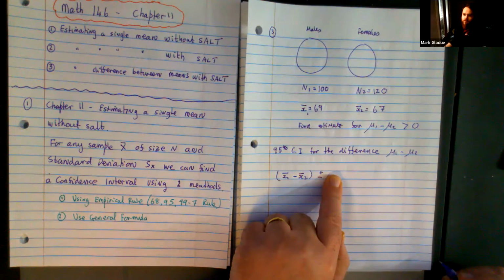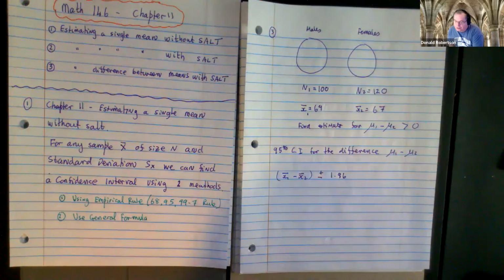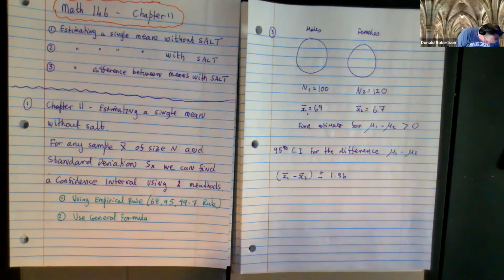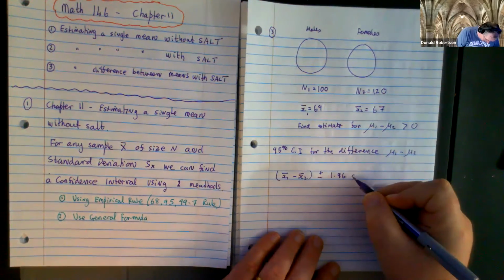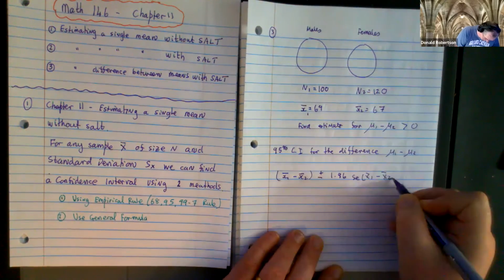Isn't it the same number when it's population proportions as well? That's a fixed value, times the standard error of X1 bar take away X2 bar.